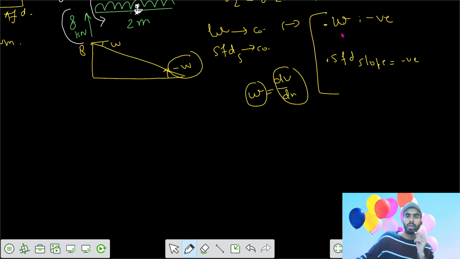So if your loading is negative, that means your slope is also negative. And if your loading is constant, that means your slope is also constant.